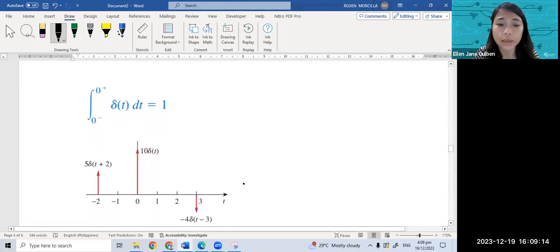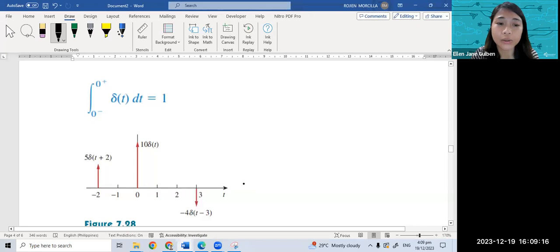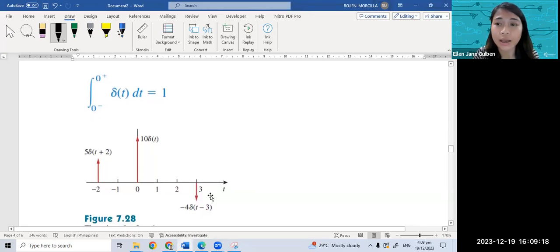Now, you can also use this to get a non-unit value. You can multiply 10 by delta t, and you get 10 units of impulse around t equal to 0.